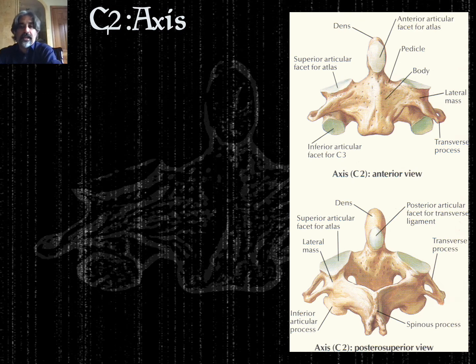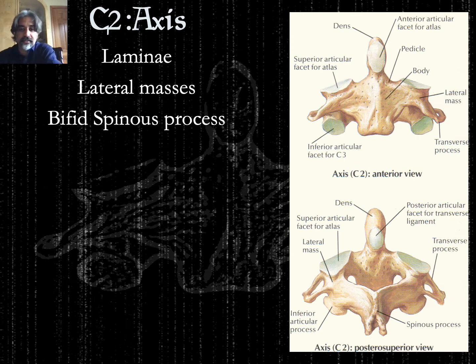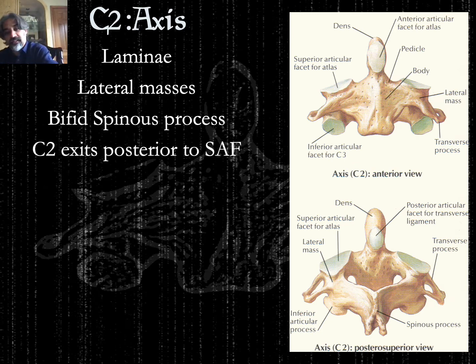So C2 is axis, and kind of makes sense because this is where all the rotation occurs. It has an upward projecting odontoid process, or dens, which articulates with the posterior aspect of the front of atlas. It's got some thick laminae, big lateral masses, bifid spinous process like the C3 through 6, and C2 exits posterior to the superior articular facet.